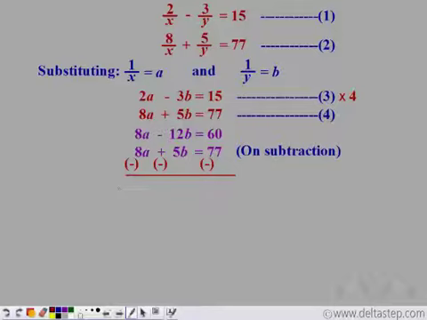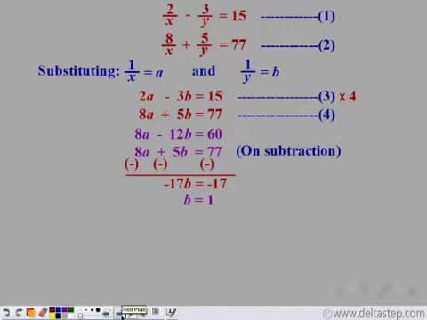Negative 12b, negative 5b gives us negative 17b. 60 minus 77 gives us negative 17. So this is what we have. Negative 17b is equal to negative 17. Now solve for b. This gives us b equal to 1.